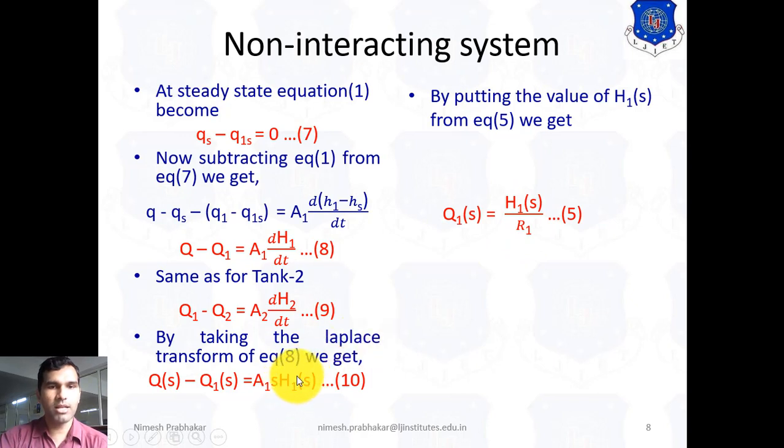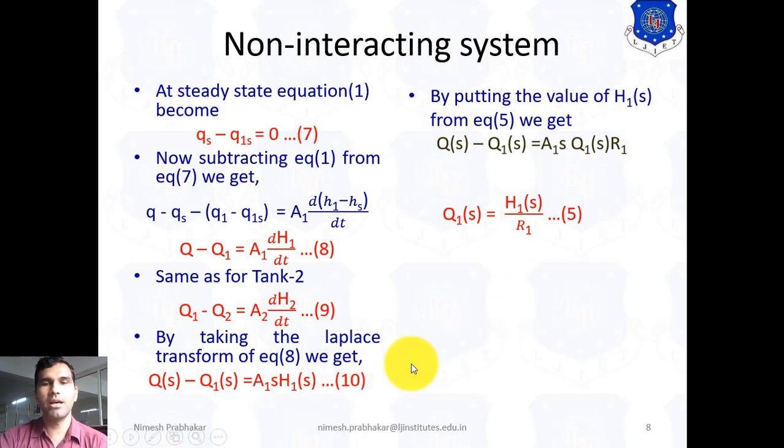So instead of H1s, we put the value Q1s into R1. So we get Qs minus Q1s equals A1s into Q1s into R1. Okay. So now here Q1s is on this side and this side Q1s is common.